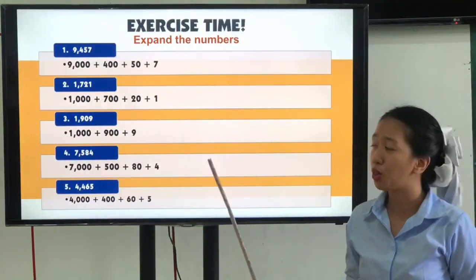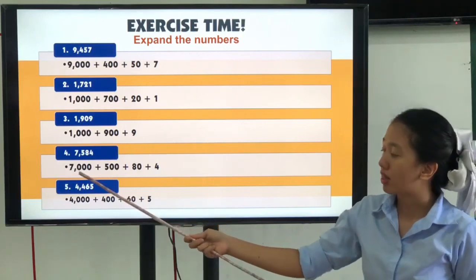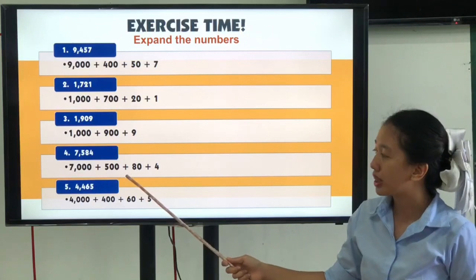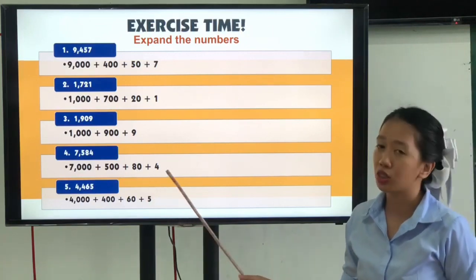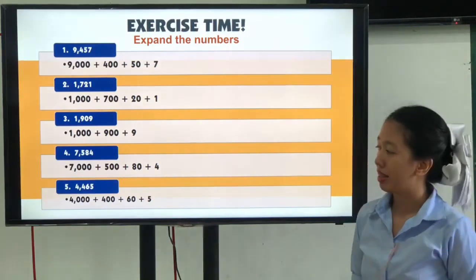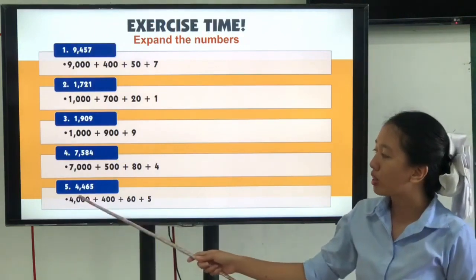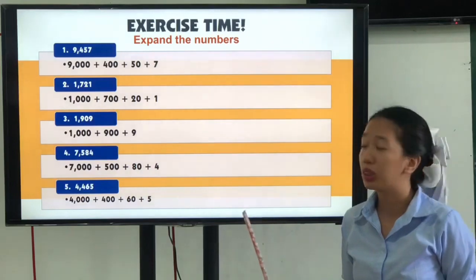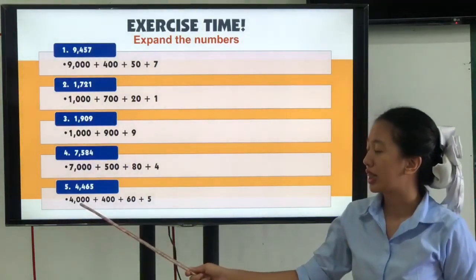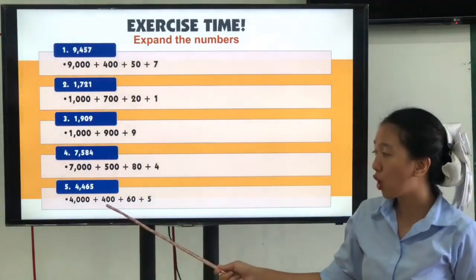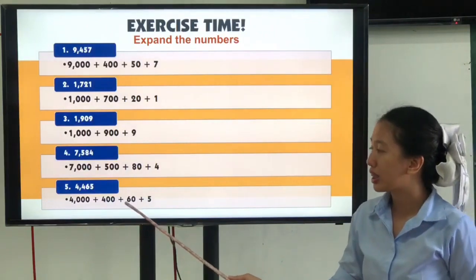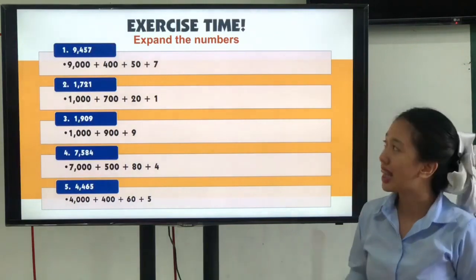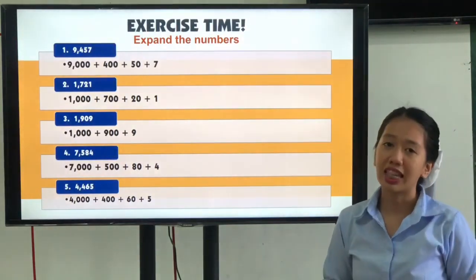The expanded form will be 7,000 plus 500 plus 80 plus 4. And number 5, 4,465. The expanded form will be 4,000 plus 400 plus 60 plus 5. So that is the answer for our first exercise.